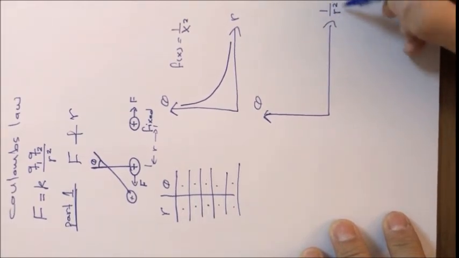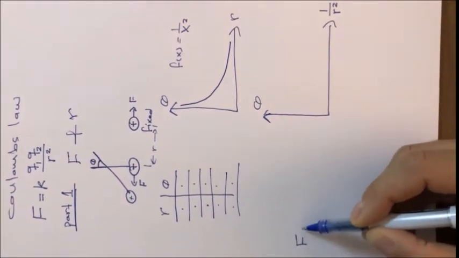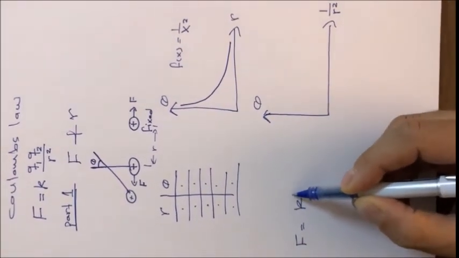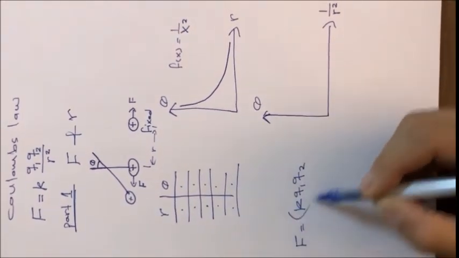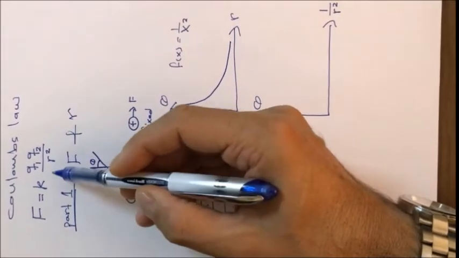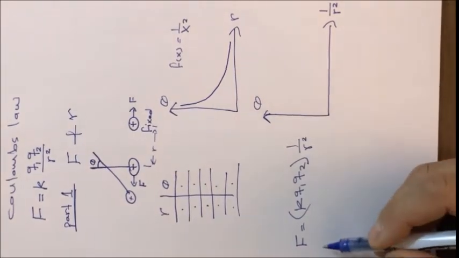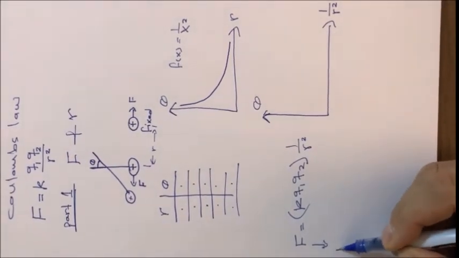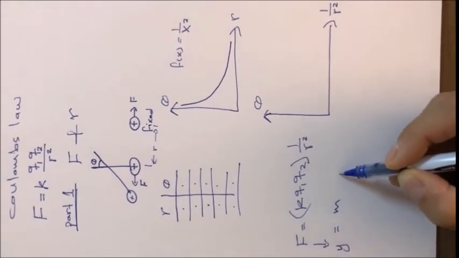We put 1 over r squared because from this formula we can write F equals k q1 q2 times 1 over r squared. We can write this Coulomb's formula in this form, which converts this to y equals mx.